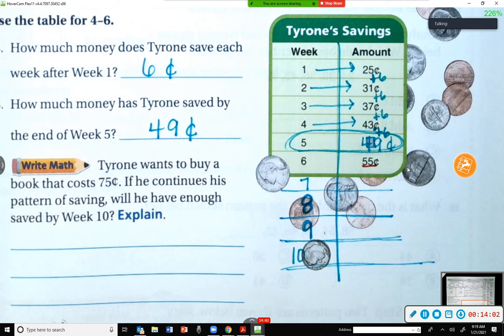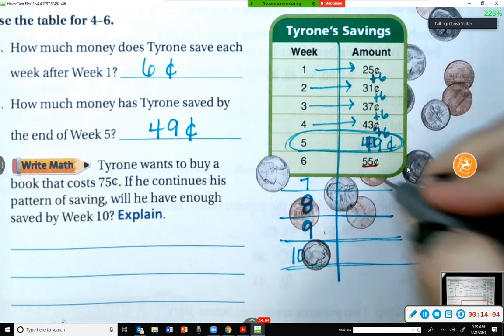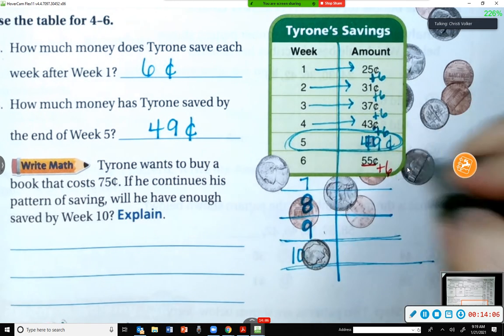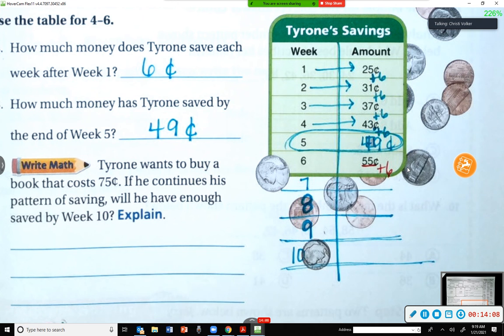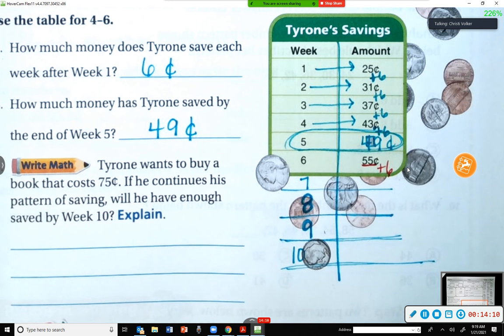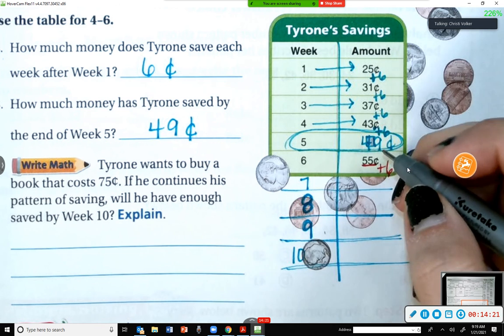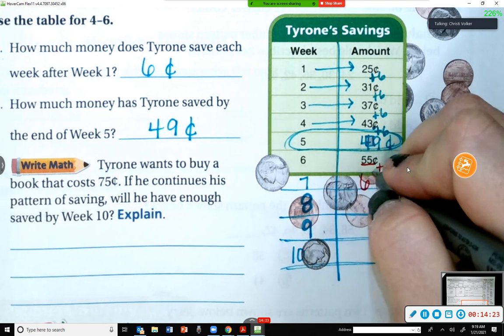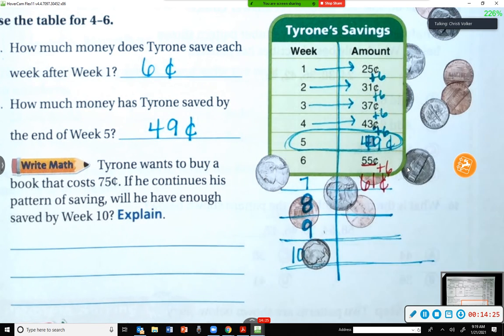Add 6. There you go. 55 plus 6 to get the next number in the pattern would be what? 61. Yeah, 61. Okay. Bryson, how are we going to find the next number in the pattern?